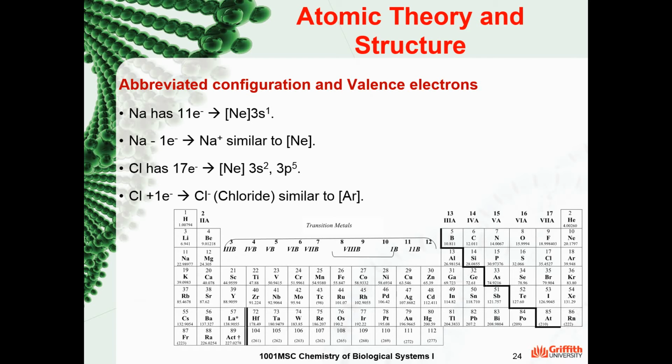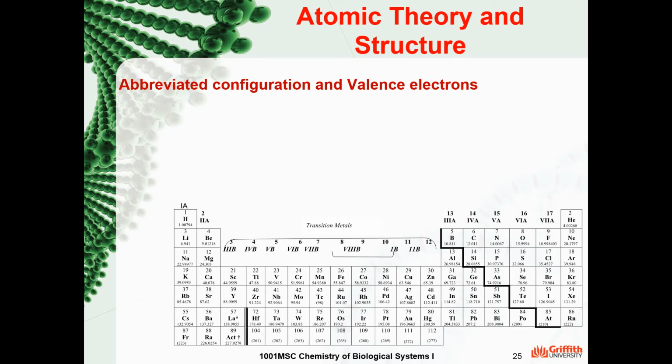So chlorine has 7 valence electrons, and it only needs 1 extra electron to obtain a stable structure similar to argon. As it gains 1 electron, the chlorine becomes an ion with a -1 charge, and the name changes to chloride. So using the periodic table, we can predict how the elements will behave.